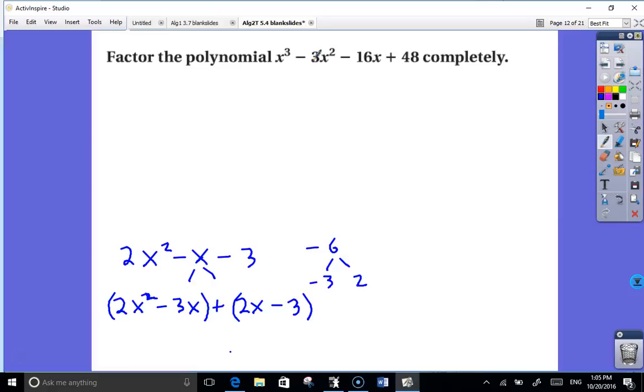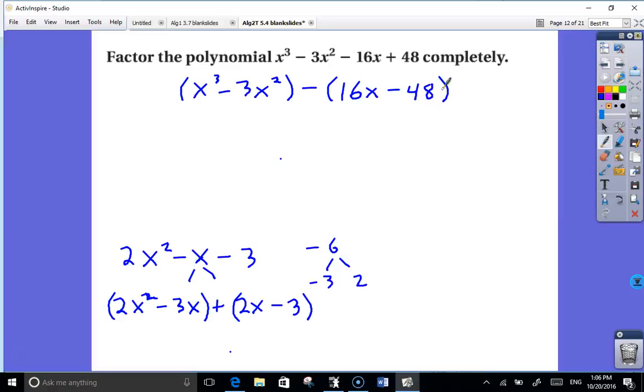That tells you it's going to work. If I just group this, you've got to be a little careful because of the minus. X to the third minus 3x squared, minus, and now because of that minus in front of the parentheses, I have to flip the sign on the 48.